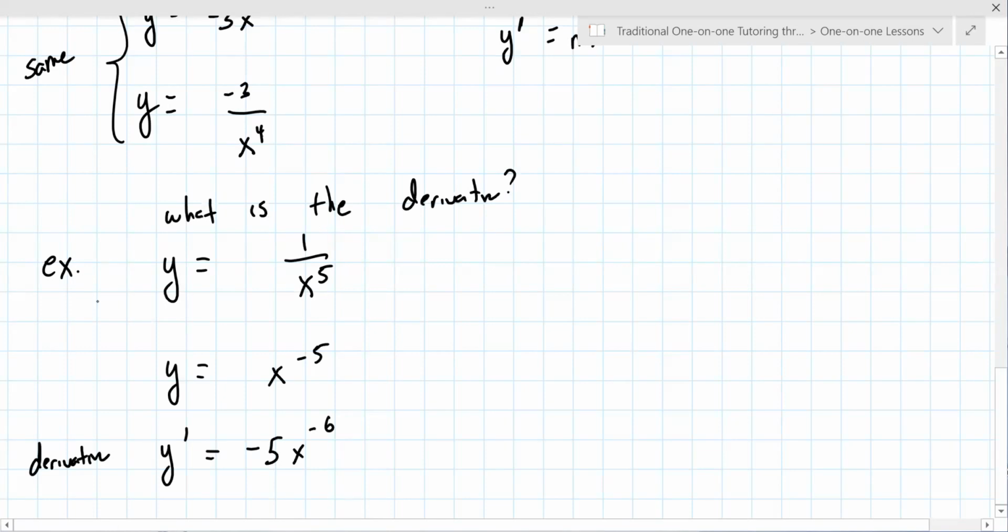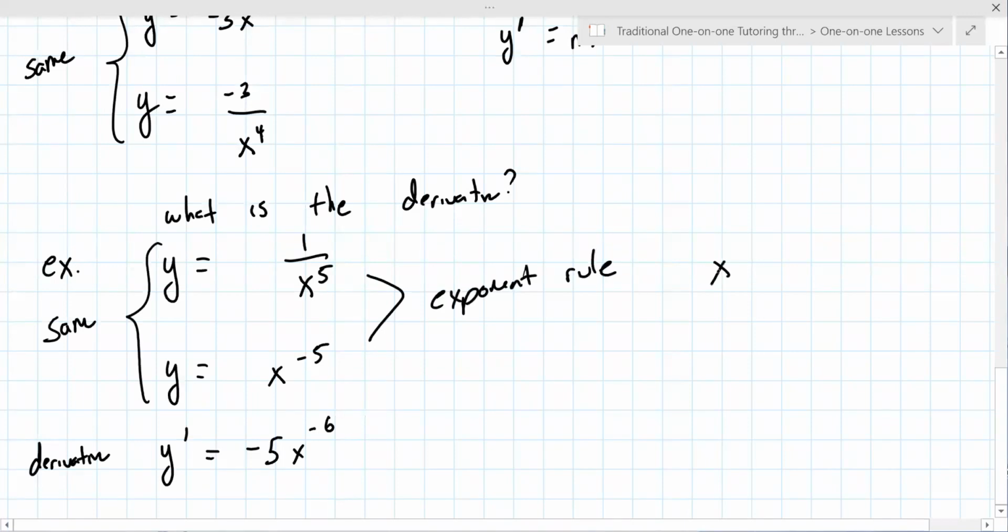So you have to be able to take the derivative of everything, and this is the most basic thing that we can take the derivative of. What happened to the 1 on top? Well, you rewrite it. See how these are the same? This is the exponent rule, which is not calculus.